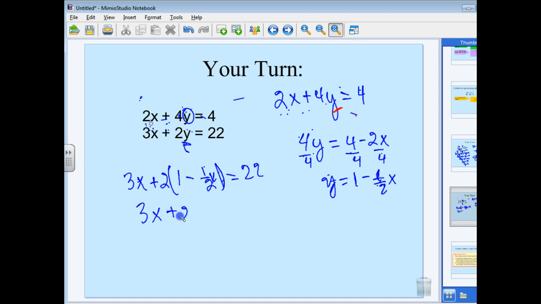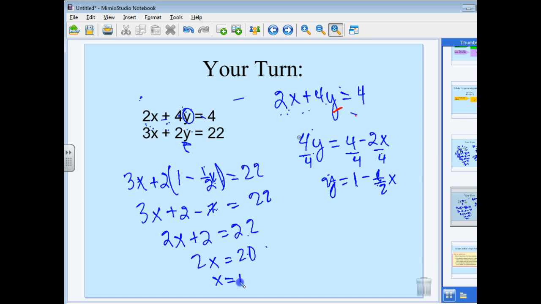Distribute, we'll get plus 2 and then minus x, because 2 times half is 1, so we get negative x is equal to 22. Combining like terms, we get 2x plus 2 is equal to 22. Subtracting 2, and then x is 10.